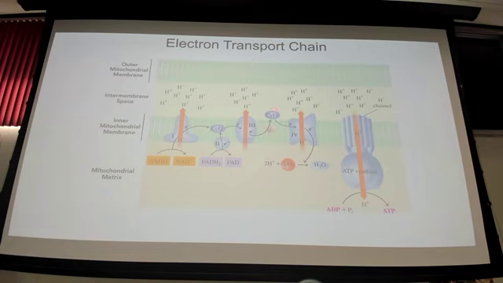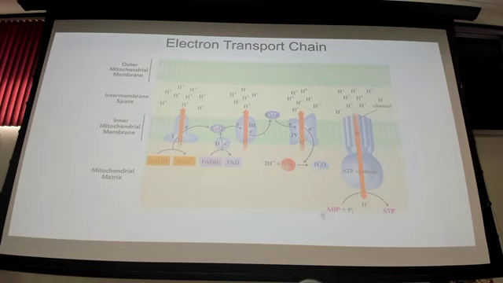So complex 3 has all of the electrons from 1 and 2, and it will donate its electrons to the cytochrome C, which will then donate all of those electrons to complex 4. Complex 4 will become supercharged by all those electrons, further facilitating protons to be pumped into the intermembrane space.